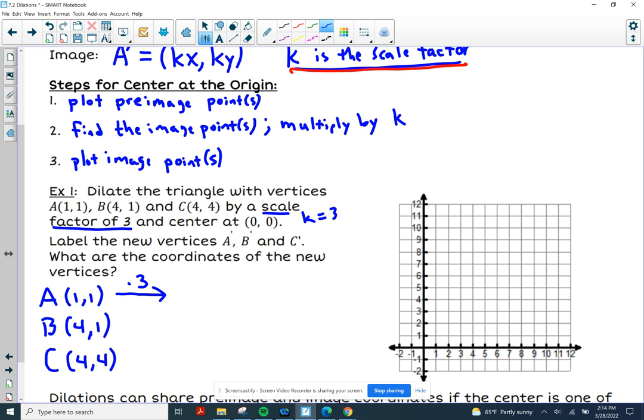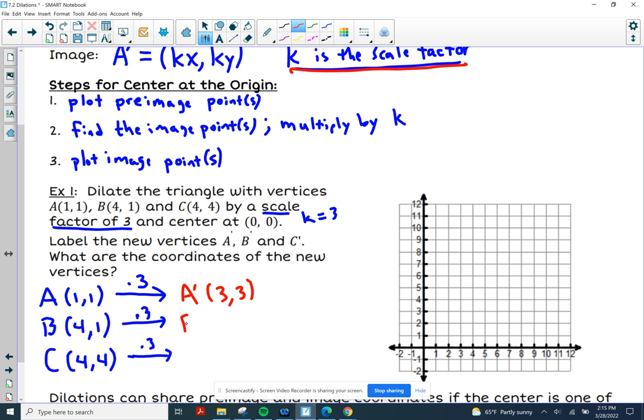So we literally just need to multiply the coordinates of A by 3, both the X and the Y. We're going to do the same thing on B and the same thing on C. So our A prime, the image of A, is going to be (3, 3), because 3 times 1 is 3.